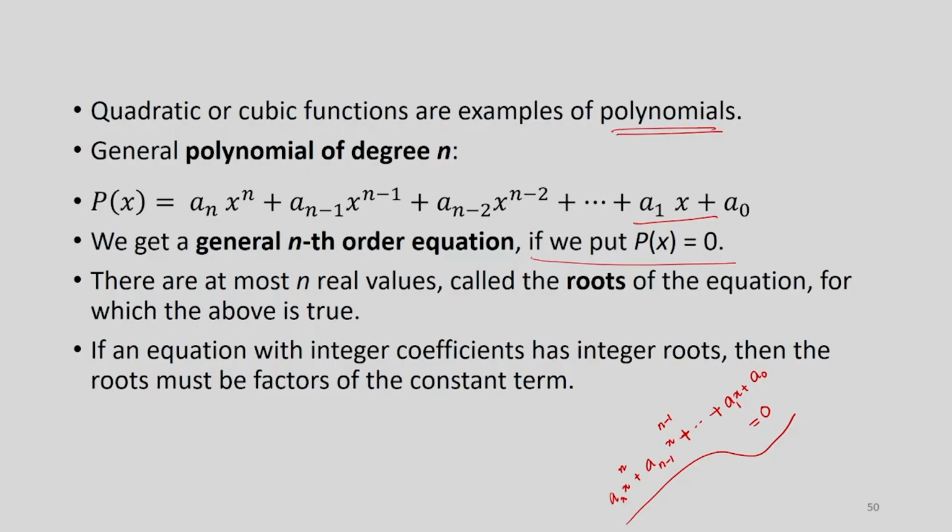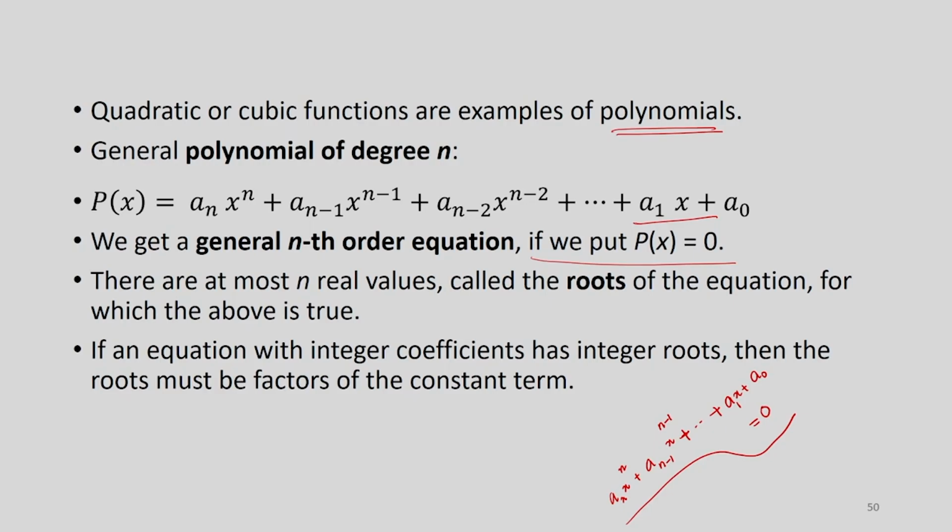Now, there are at most n real values, called the roots of the equation, for which the above is true. So, this is an equation of nth degree or order, and there will be at most n real values of x, the roots of this equation, for which the left hand side will be equal to the right hand side.